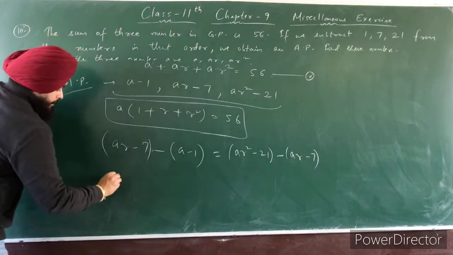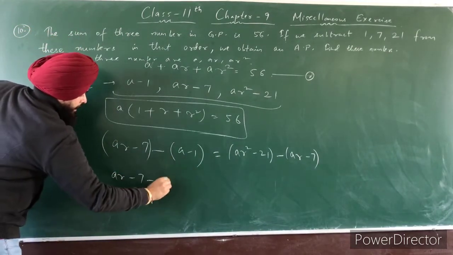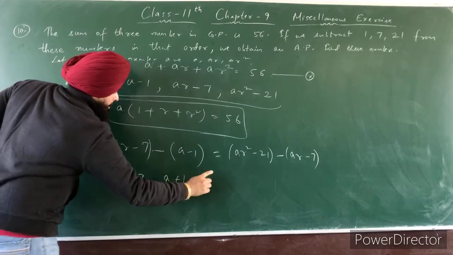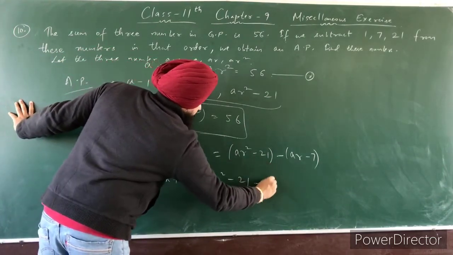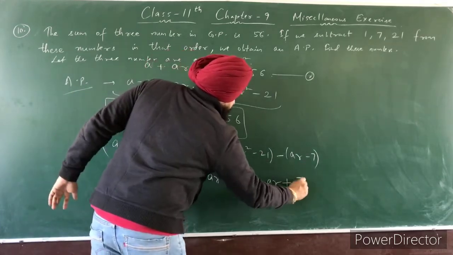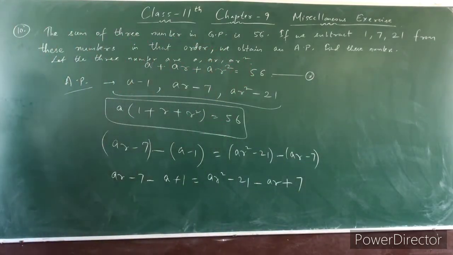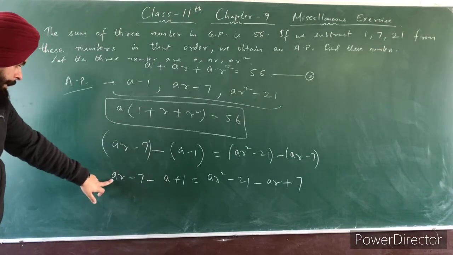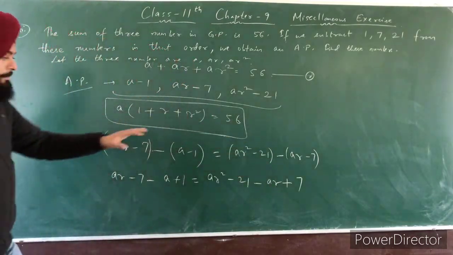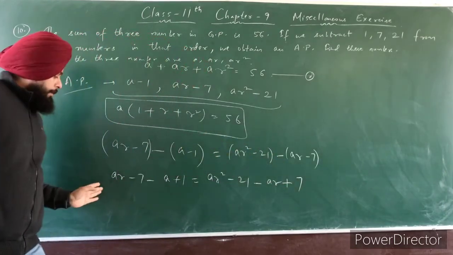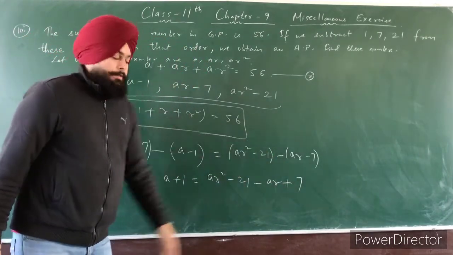Now open the brackets. Minus a, plus 1, ar square minus 21, minus ar, plus 7. Now, ar minus ar. You will take either all these terms on the left side or on the right hand side.